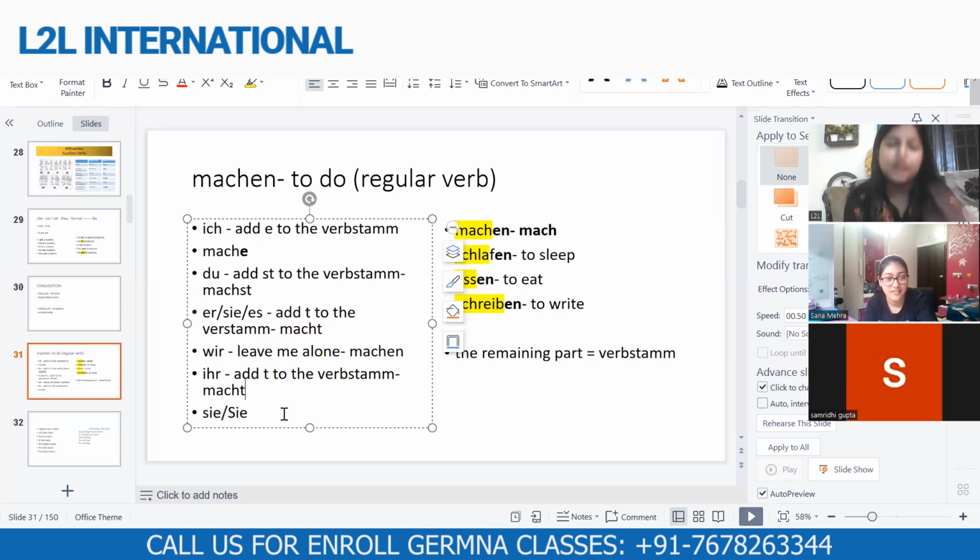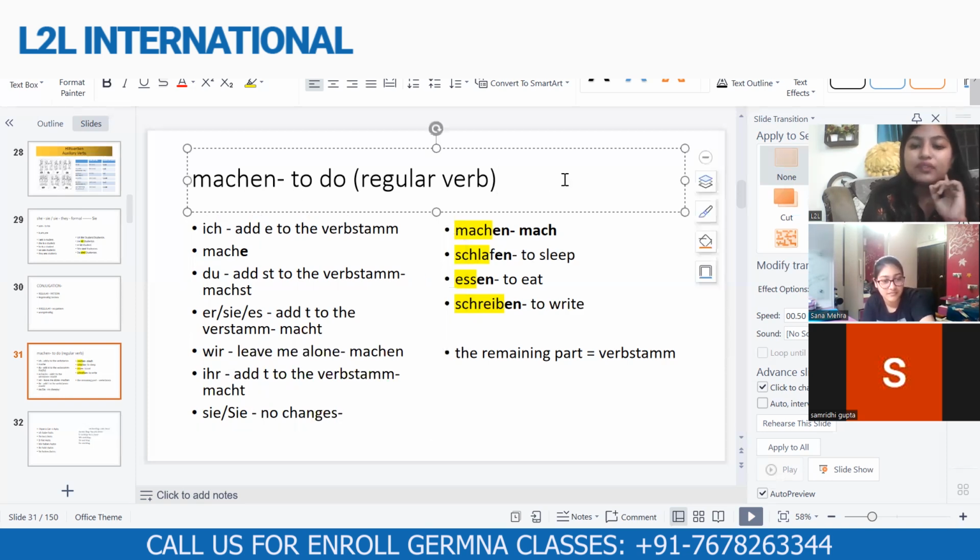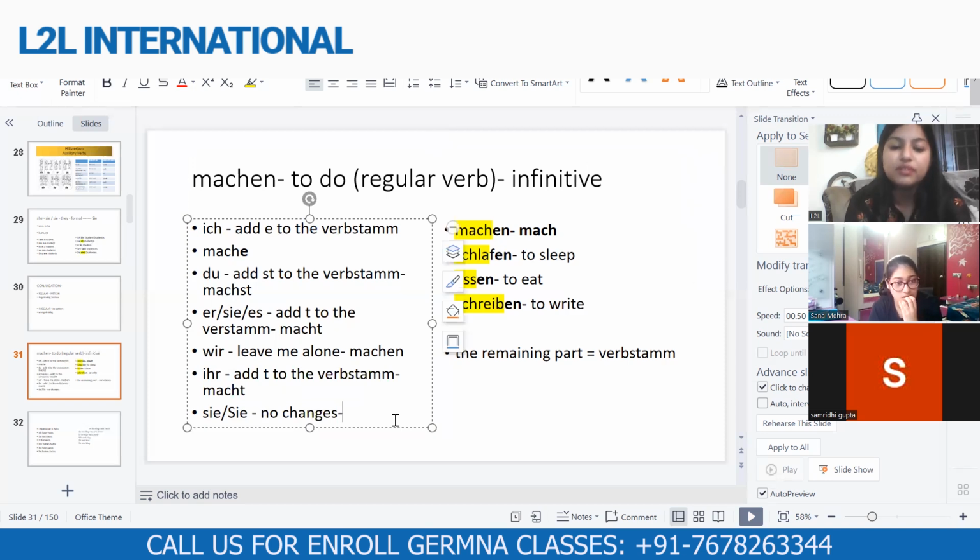Again with sie, Sie, we have to make no changes. That means the verb will remain in the infinitive position. Infinitive means when the verb is in its full form, we call it infinitive. So no changes means the verb will not change. It will remain machen.